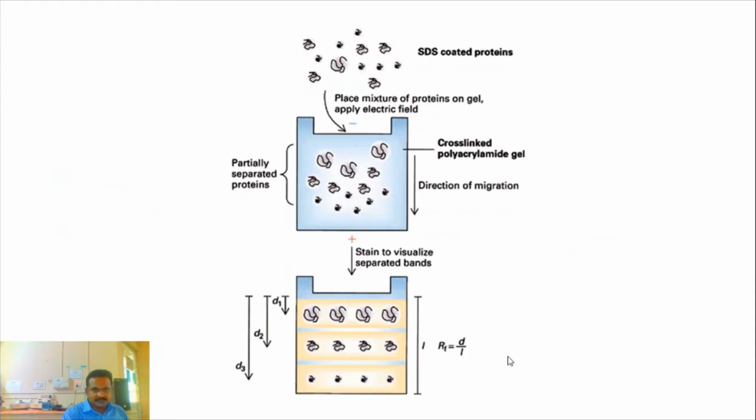Size of the sample. Here it is clearly mentioned, three types of proteins are there: small size, medium size, and bigger size. If you place them in electrophoresis, the small molecules migrate faster, then the medium size, then the large size.